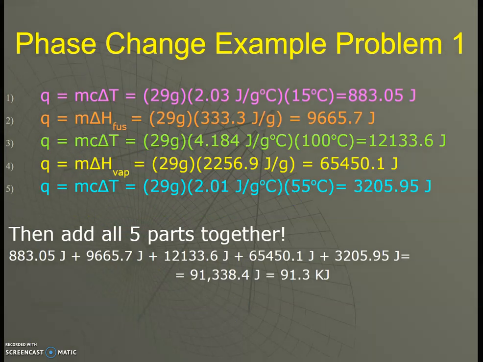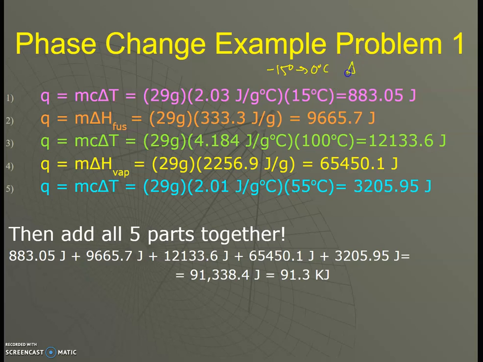So plug everything in. It's always going to be 29 grams: 29 grams of ice, 29 grams of water, 29 grams of steam. You have your different constants, 2.03. You are going from negative 15 degrees Celsius to 0 degrees Celsius.